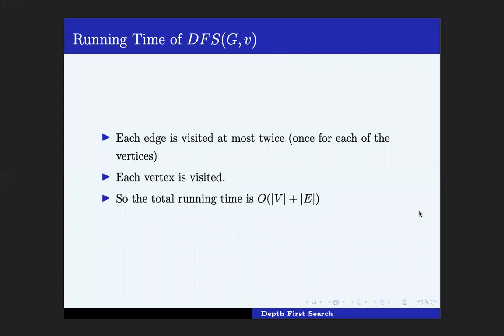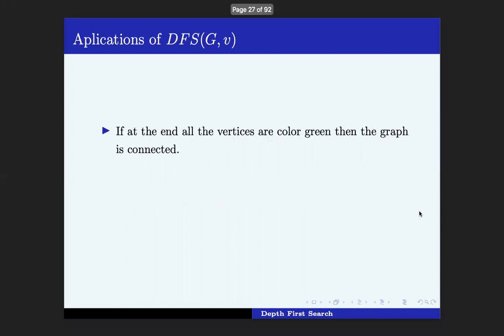Now let me give you a very important, very nice application of this DFS algorithm. At the end of the day, I run this DFS algorithm on a graph, and which vertices have been colored green?